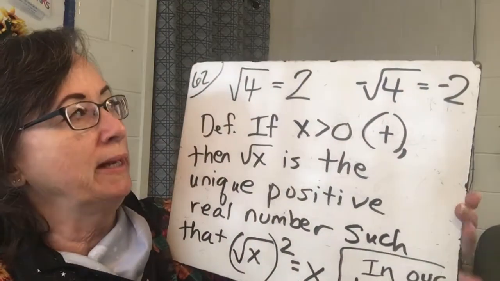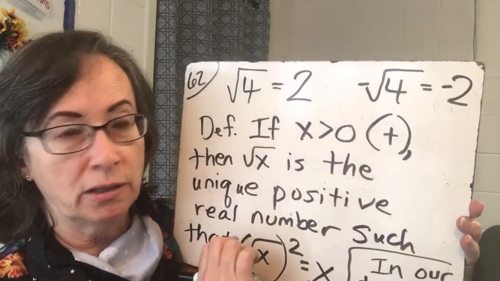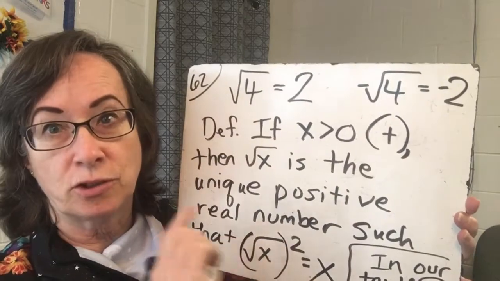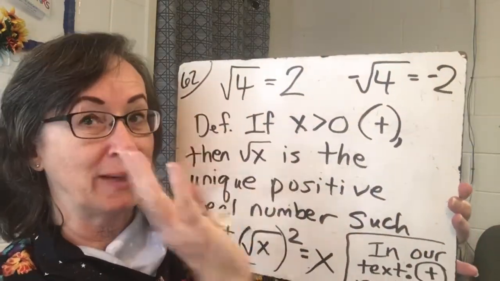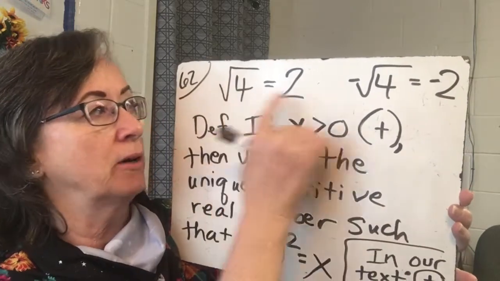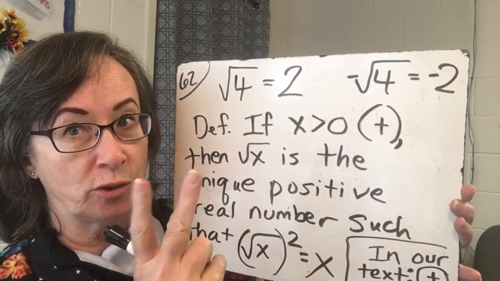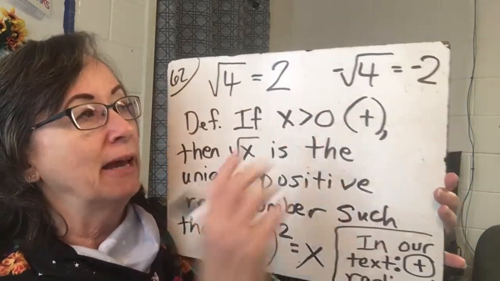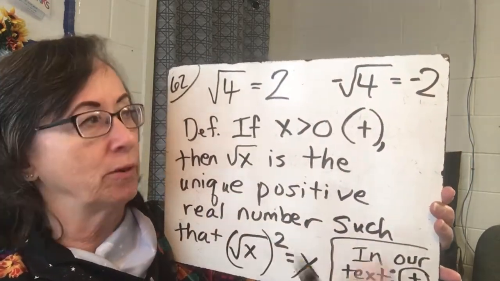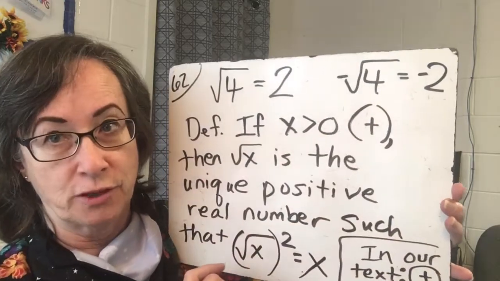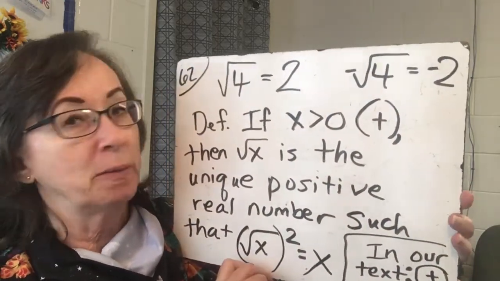So we know that the square root of 4 is 2 because 2 times 2 is 4. And because it's a radicand that we see on the paper, we know that means the positive of the 2 possible square roots. If we wanted negative 2, we would put a negative in front of the square root, meaning the opposite of the square root of 4. So that would be negative 2.